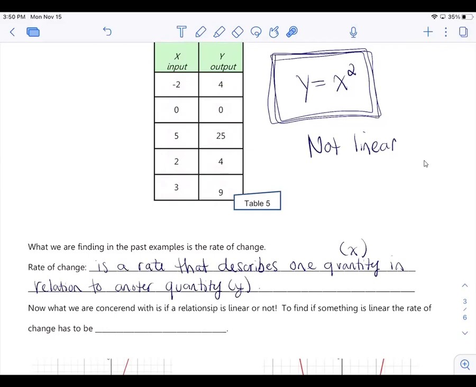But for us in Math 60, our main focus is just to focus on linear relationships, okay? So in the past, like we just discussed, we figured out that this thing is not linear. But another way to know if something is linear or not is that the rate of change, in order to be linear, has to be constant.